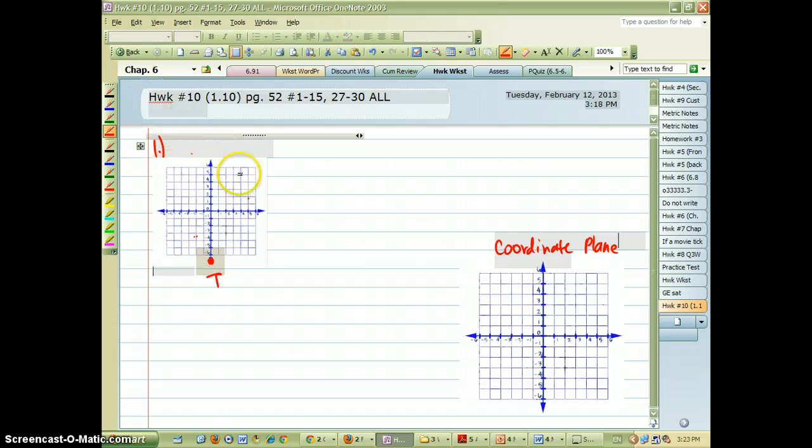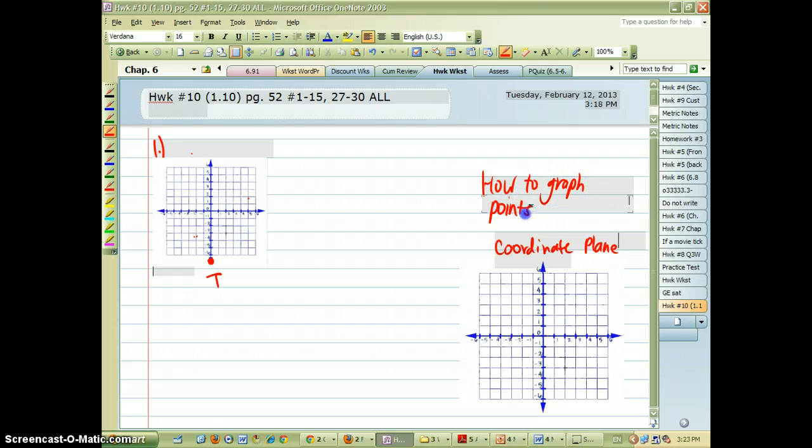And so when I'm looking at number 1 and it's all the way down there, then when I'm graphing, let me show you how to graph points on a coordinate plane. So over here I'm going to show you how. Now let's just say that I have the point (0, 5). 0 is your x coordinate and 5 is your y coordinate.